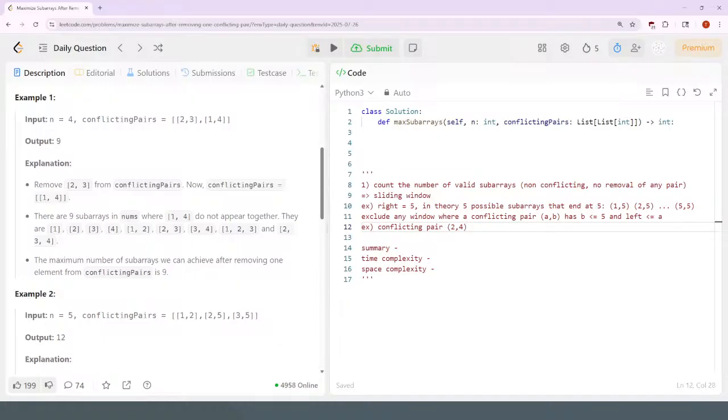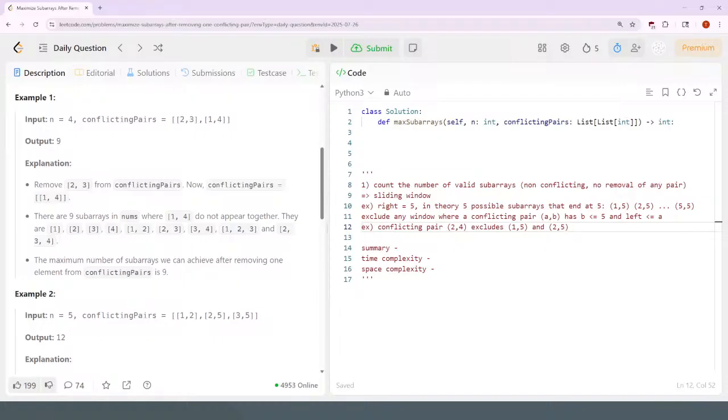So it excludes 1, 5 and 2, 5. The left side of the window is less than or equal to the A, because then that window would be inclusive of both.